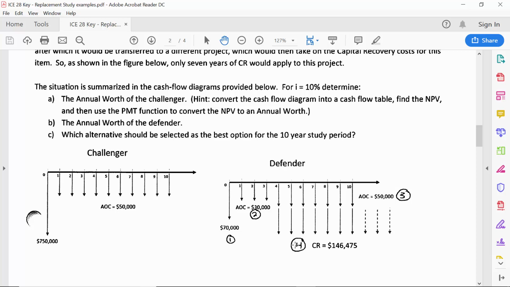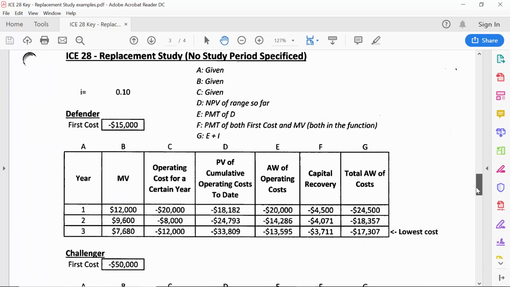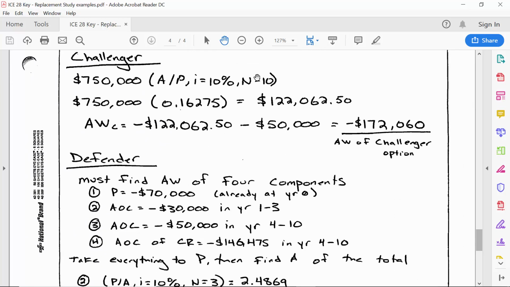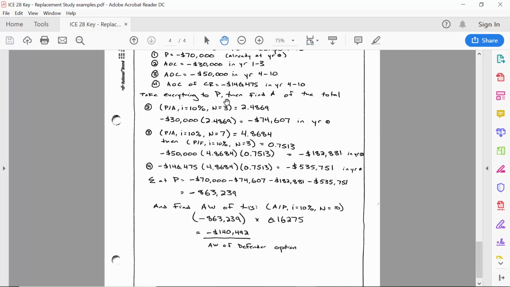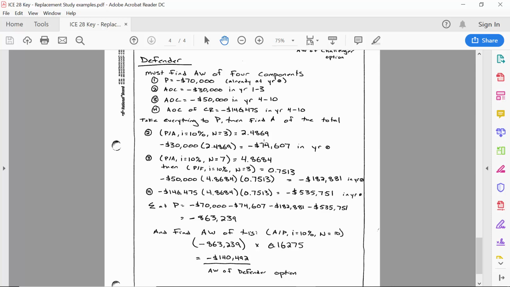These dashed lines say that we're giving the equipment to some other part of the company after that, and they'll cover the remaining years of its capital recovery. So those 4 components in my hand calculations, what I did was I took them all to the present and then found the annual worth with that big, massive sum total, annualized it, and it was $140,000 per year.